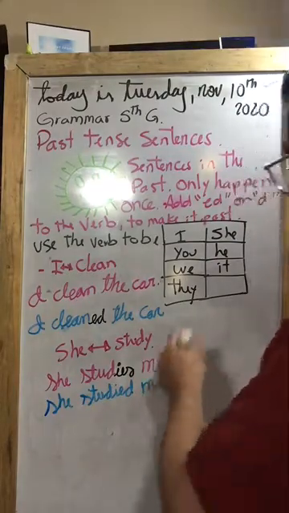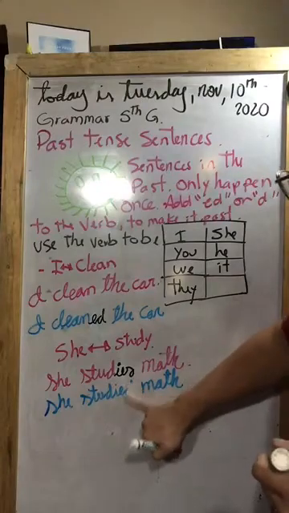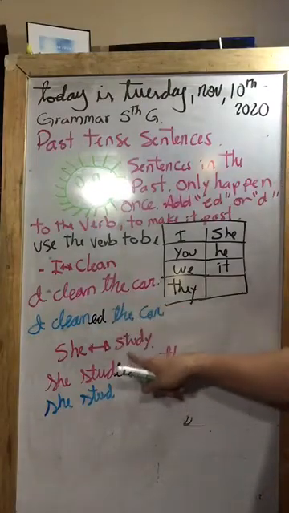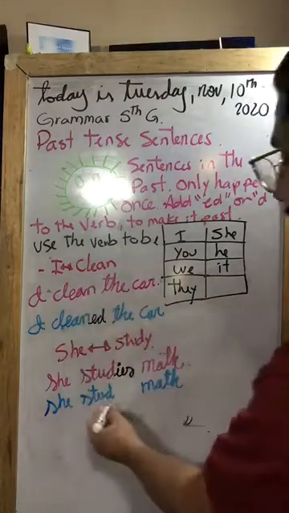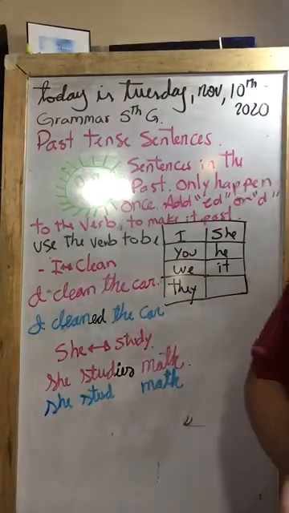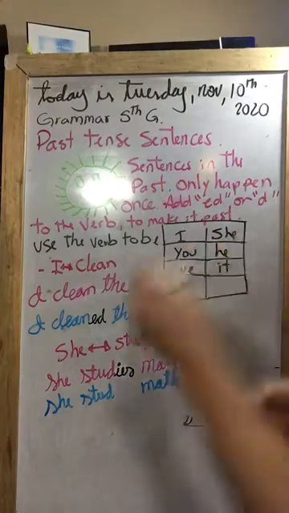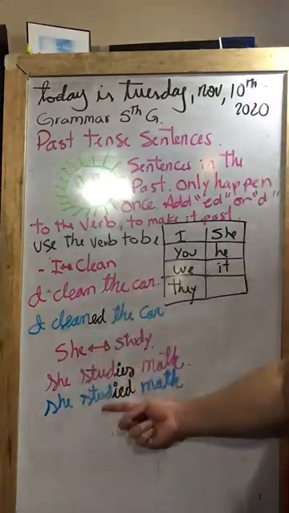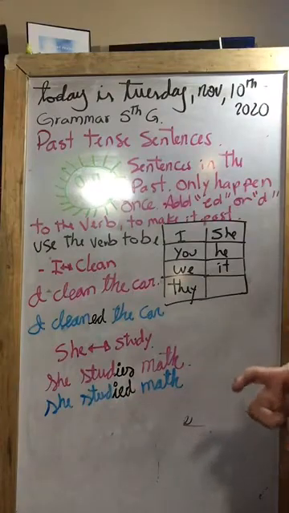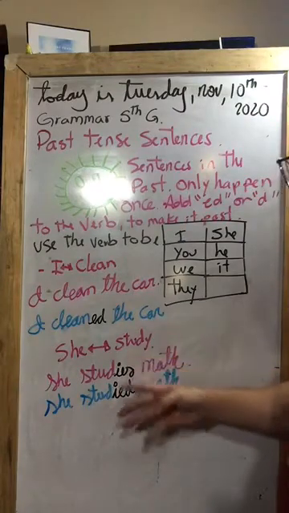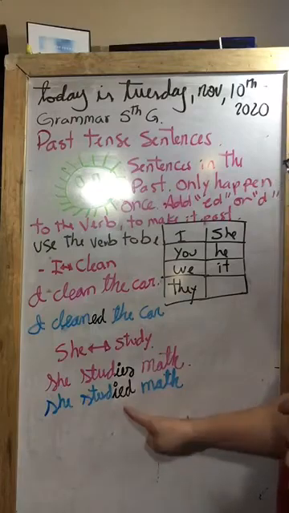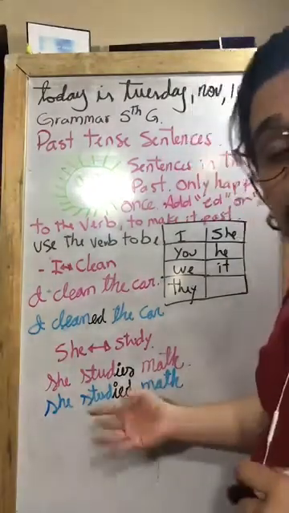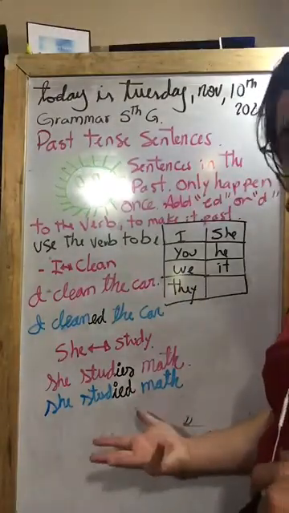So what changes in here, as you can see, is that no longer do we have the word study in here, but we add i, e, and d. She studied math. In this case, we have chosen study, so you can see how it changes because it's an irregular verb, but not all of them are going to be like this. Sometimes we just have to add d or ed to them.